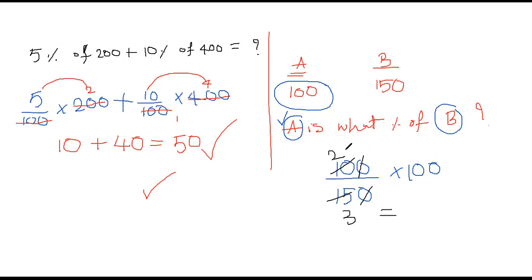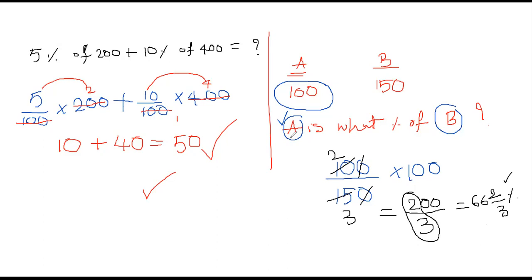So here 2 into 100 is 200 by 3. 200 by 3 is how much? 66 and 2 by 3 percentage. Yes or no? Important percentage value: 2 by 3 means 66, 2 by 3 percentage.